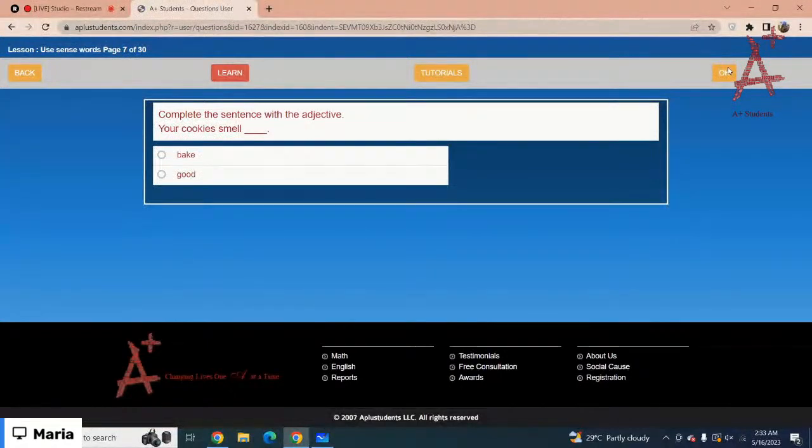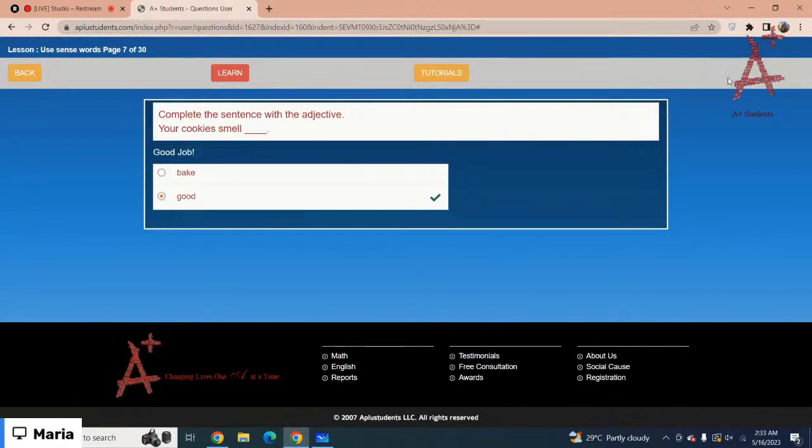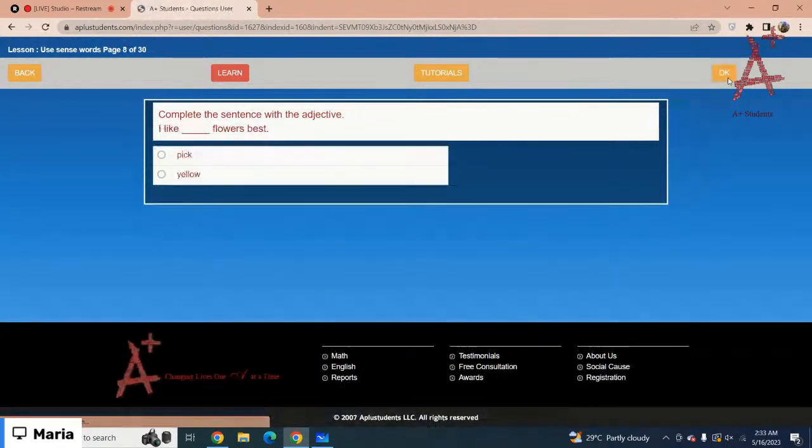Your cookies smell dash. Bake or good, which is the correct option? Your cookie smells good. The correct option is good. I like dash flowers best, which is the correct option? I like yellow flowers best. The correct option is yellow. My shoes are dash.